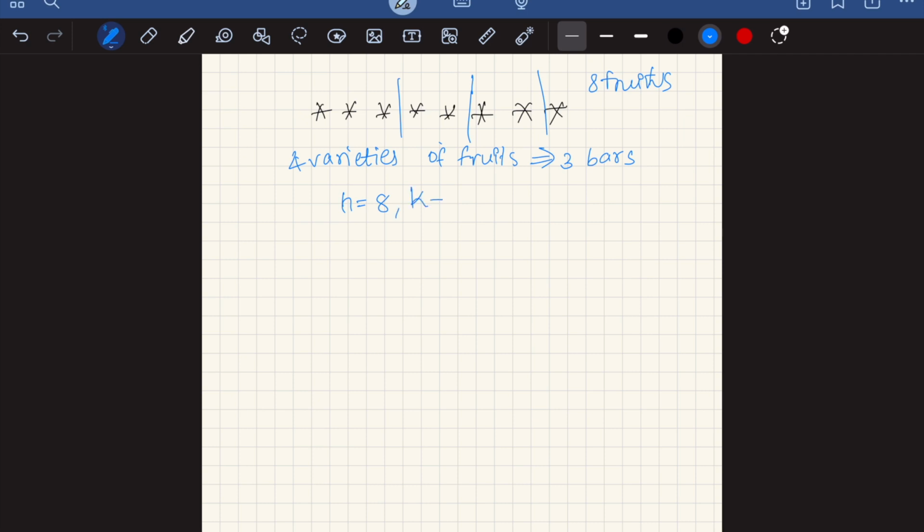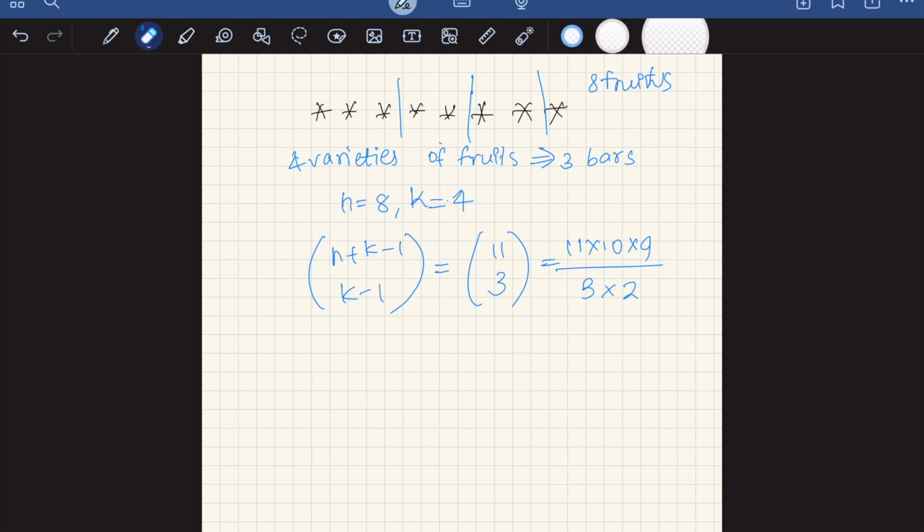So what is the answer you get? n plus k minus 1 choose k minus 1. This is the same as 11 choose 3. Is this what others are also getting?